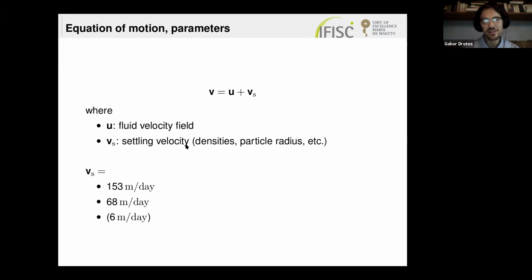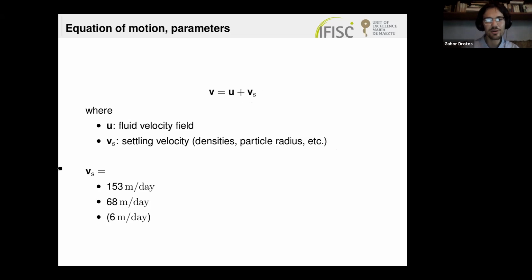And the settling term is what contains all the parameters of the problem, including the densities of the fluid and the particle radius, and other relevant quantities. But as you can see, this is the only parameter that appears in the equation of motion.